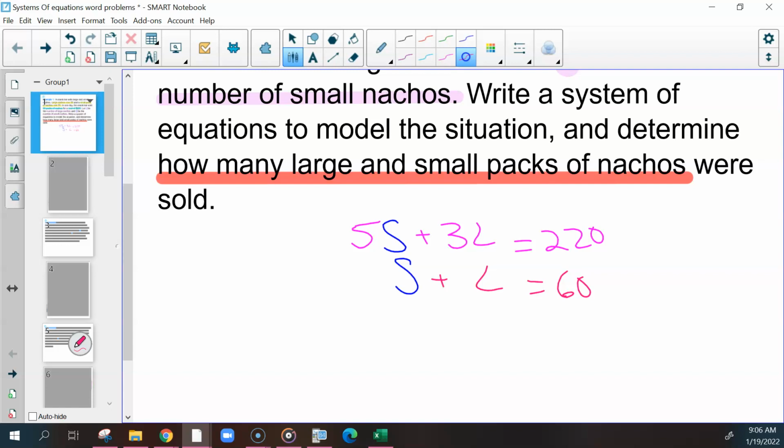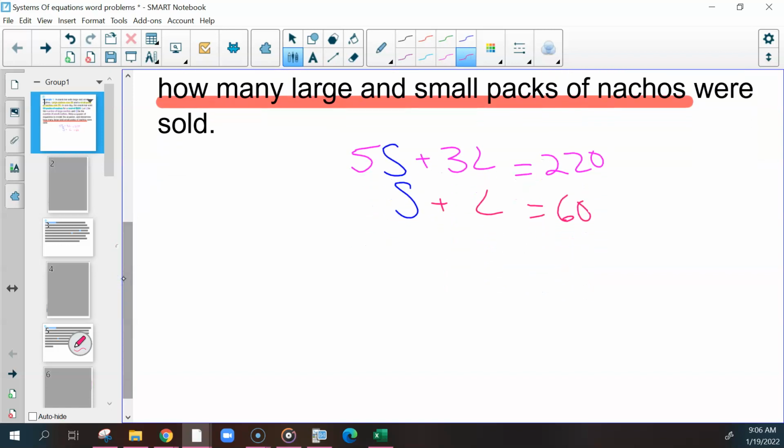In order to eliminate these, one of these terms has to be the same. Do we want to get rid of S or L first? S. Yeah. So in order to get rid of S, we would need to multiply this by 5.